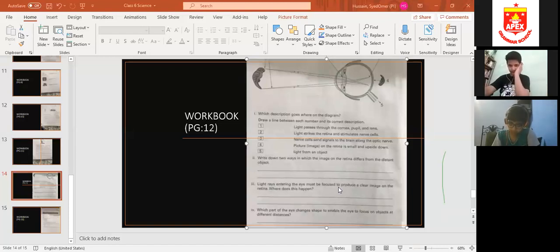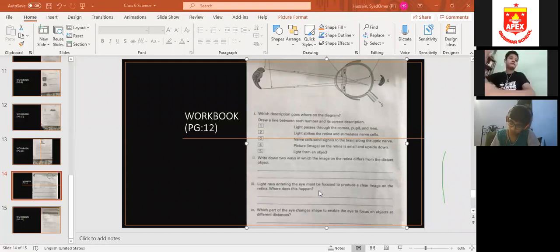Okay, now next question, who will answer me? Teacher, second point, what is it? Light rays entering the eye must be focused to produce a clear image on the retina.